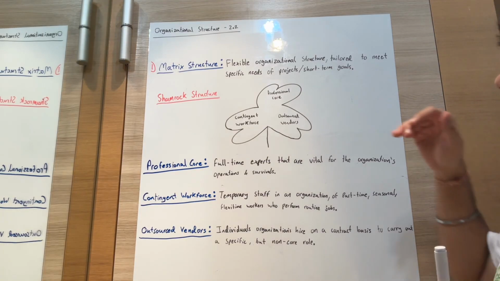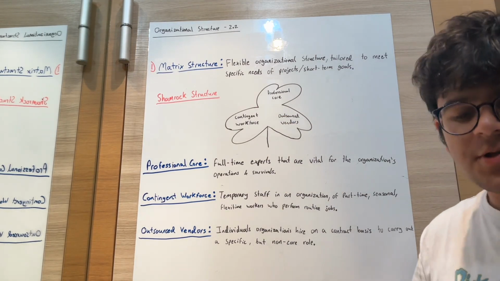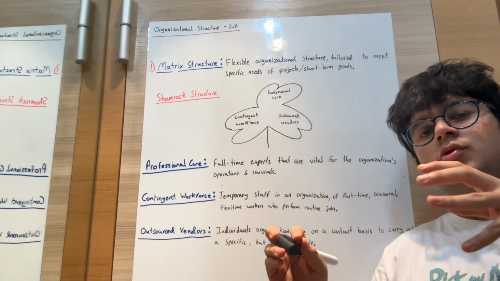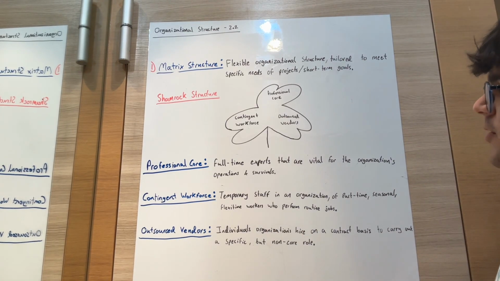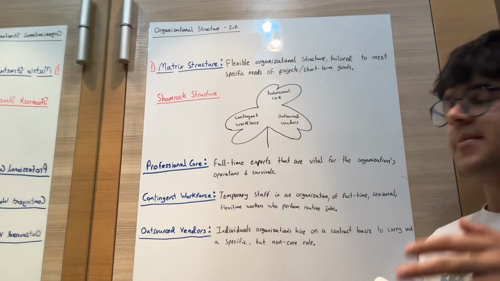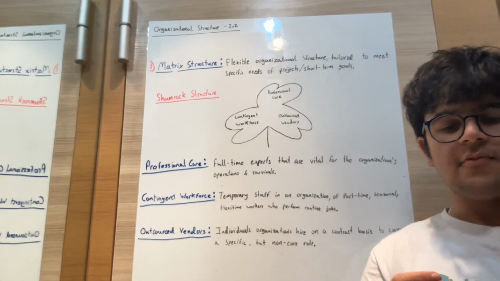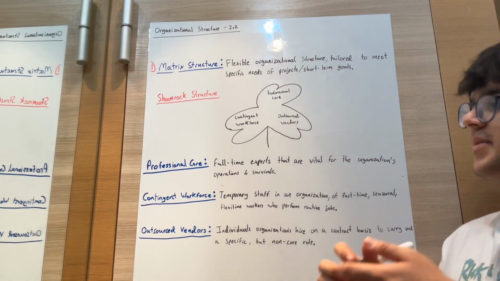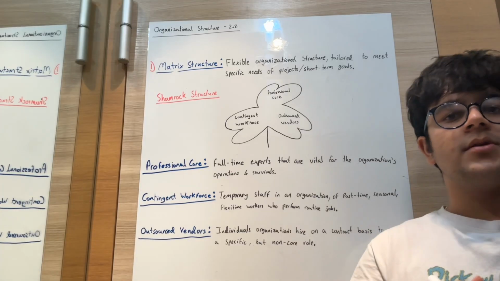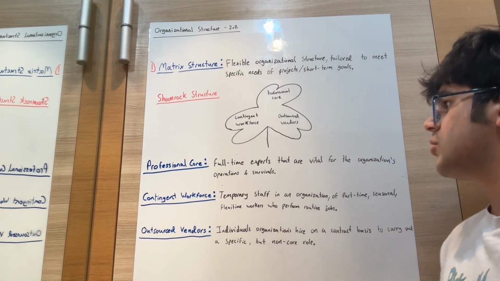So let's look at the professional core. When we talk about the professional core, this is also known as core workers. These consist of full-time experts or full-time employees that are vital for your organization's operations and survival. So for schools, this would be your teachers.